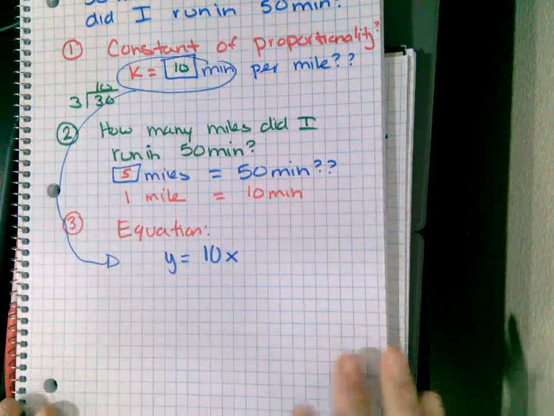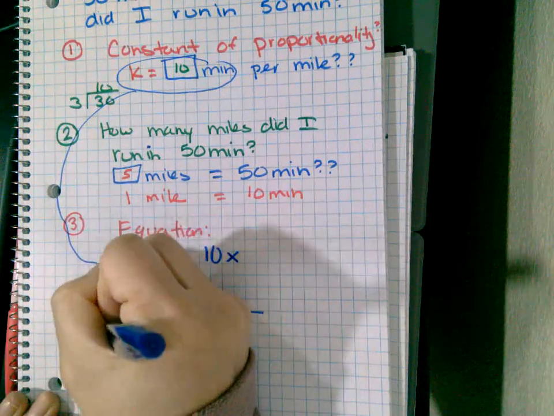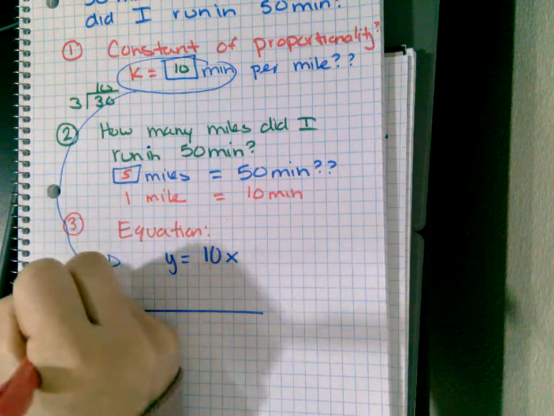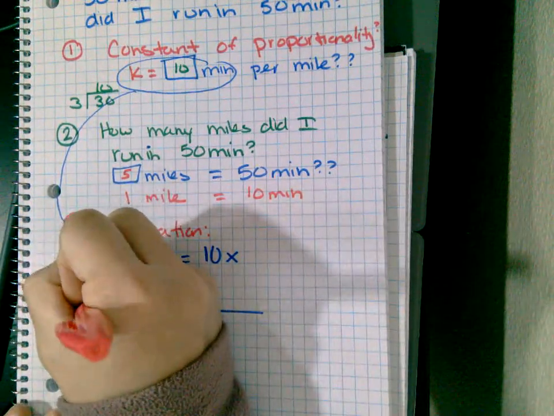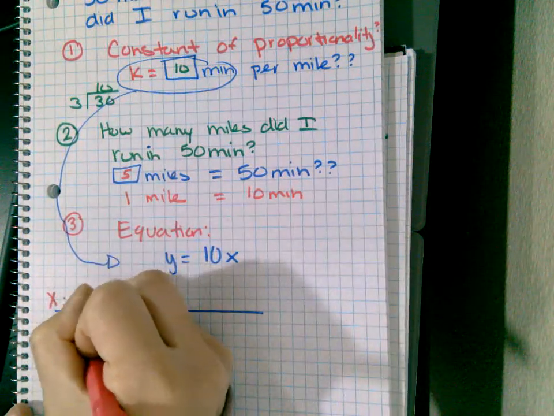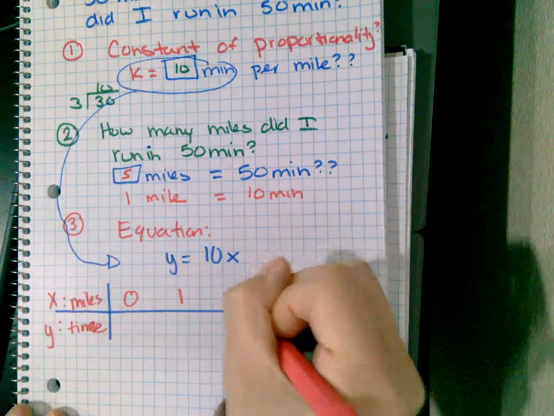All right, let's do the table and the graph. X, Y. X is miles, and Y is time, minutes. So 0, 1, 2, 3.